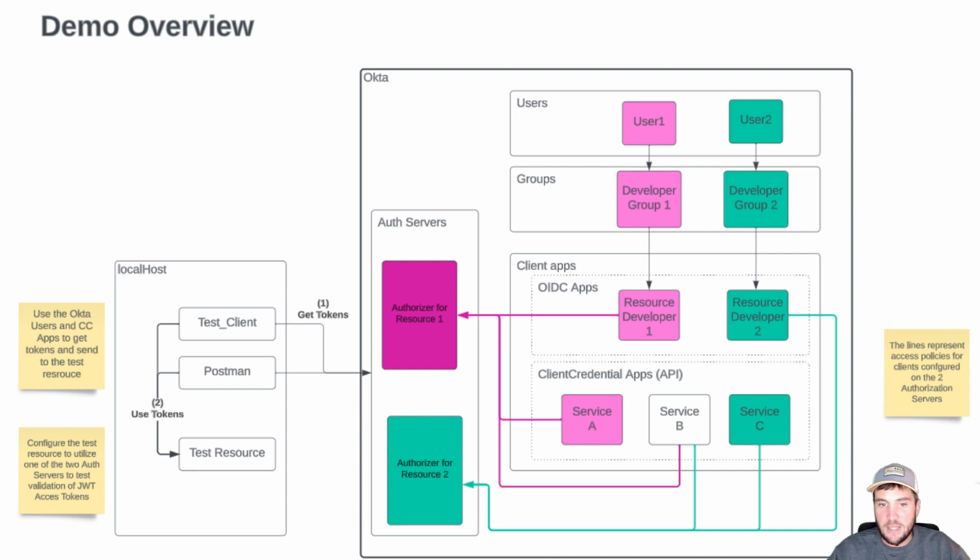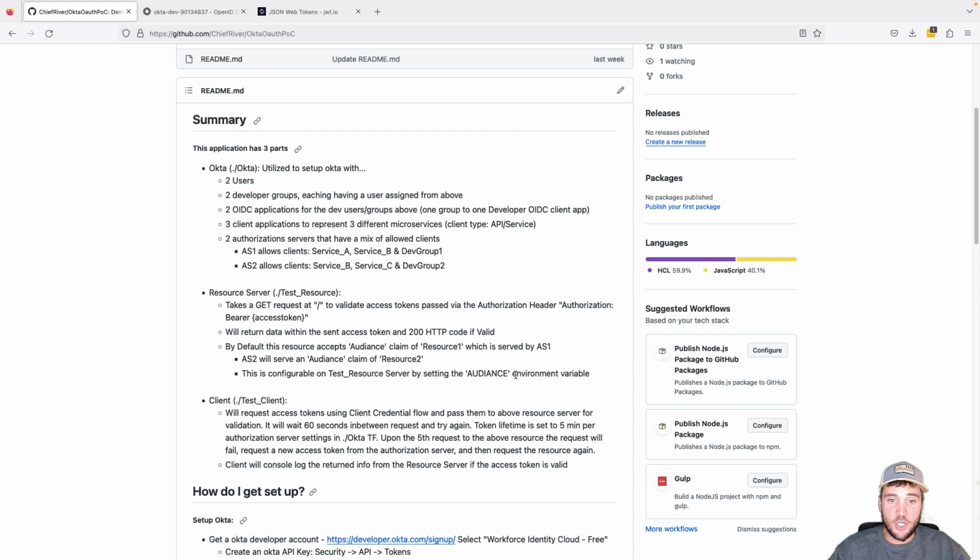It also gives you some PoC-type Node.js code to show you how you can validate JWT tokens that come in. We can change the audience value for this resource server, once again testing out things within OAuth to see how different validations happen, one of those being validating the audience claim that comes in.